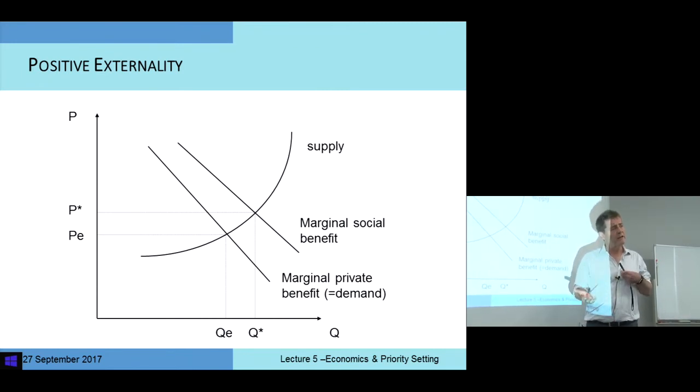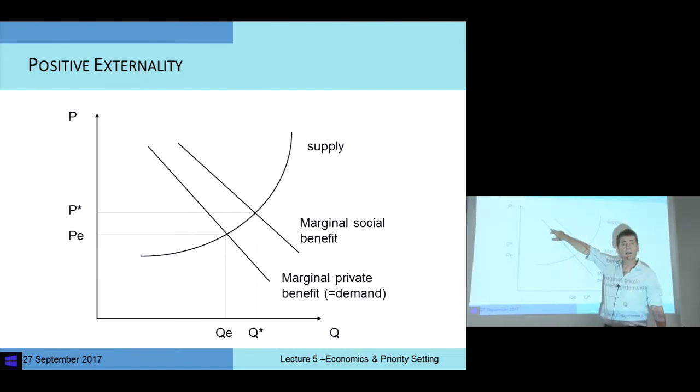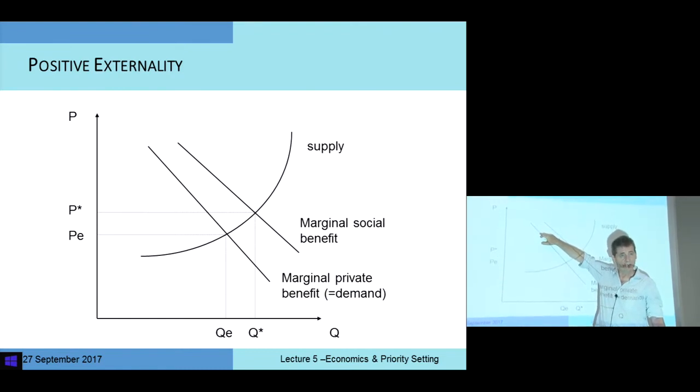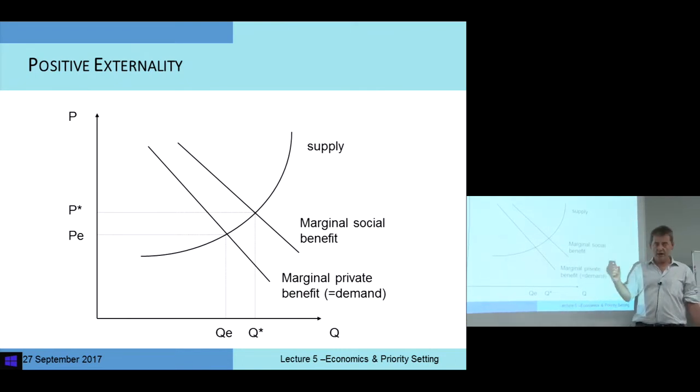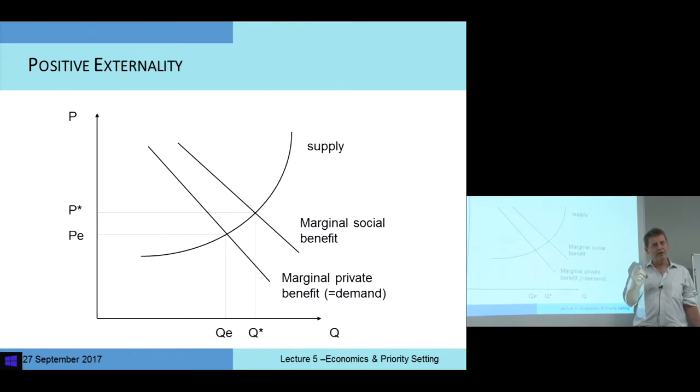They would think, what's the benefit to myself of a vaccination? If the price was very high, some people would get vaccinated. They would think, yes, this is worth it, I want to protect myself. But not so very many. At lower prices, more people would choose to be vaccinated. But the point here is they're thinking, we argue, of their marginal private benefit, the protection the vaccination gives them. But of course, every time one of us is vaccinated, while we benefit, in principle we give a benefit to other people.